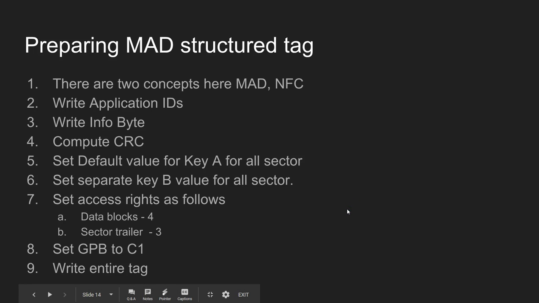The main objective of this video is to show you how to make your own MAD formatted tags. So these are some of the things we are going to do. As I mentioned just now, there are two concepts here: the MAD concept and the NFC concept. These two concepts have two different documents which I showed you.